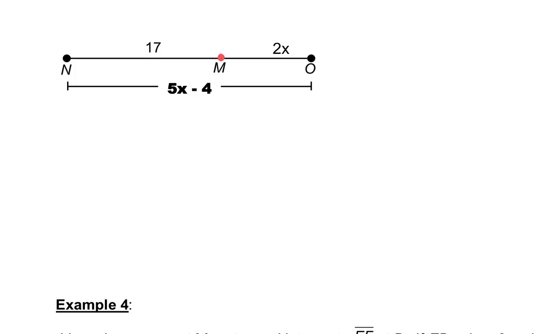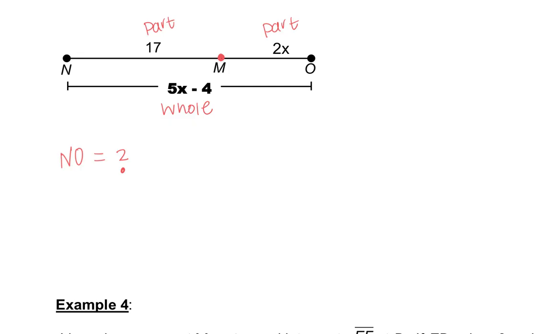So I'm going to say that 17 is one of my parts of my segment. MO is another part of my segment. And that 5x minus 4 is my whole part. I want to find NO, right? The whole thing. That is the question, right? NO, I want to figure out what that number is, all right? But in order to do that, we need to solve for x, okay?